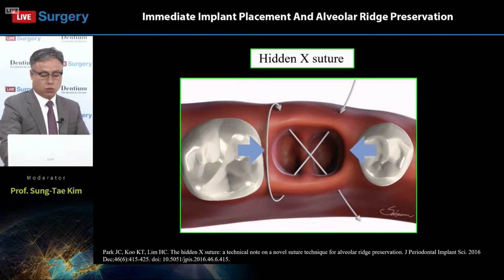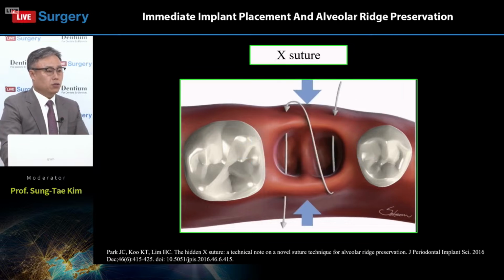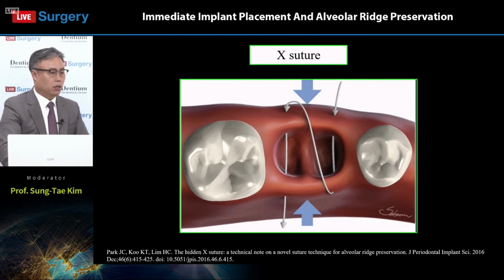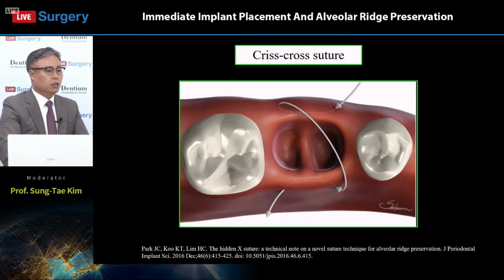But with the X suture, as you see, there's force from outside the extraction socket. The X figure will make some force, so it decreases the dimension of the buccal-lingual direction. Sometimes I use the crisscross suture, but it also has some buccal-direction force, decreasing the dimension.